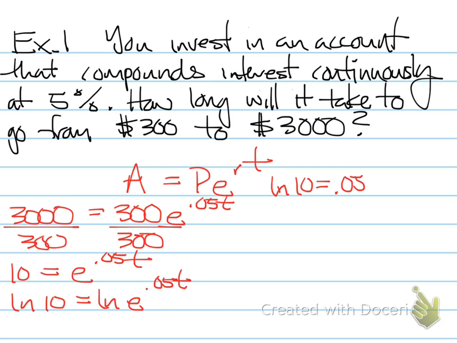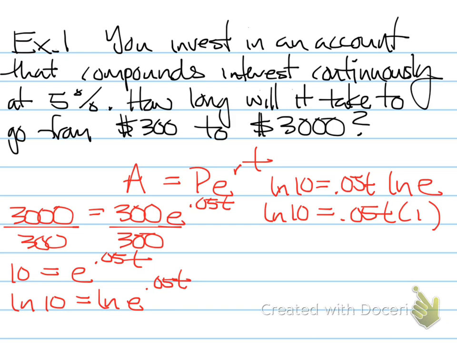Now on the right side, since we have log base e of e to the 0.05 t, that is the same thing as 0.05 t times the natural log of e. Natural log of e is just 1. That's log base e of e to the 1 power, which is just 1.